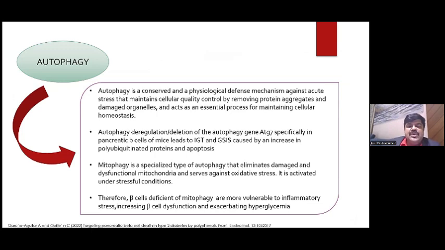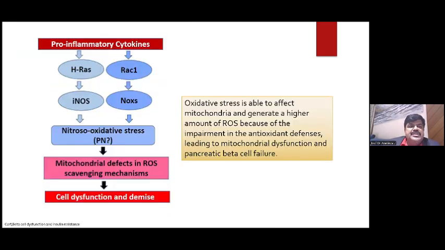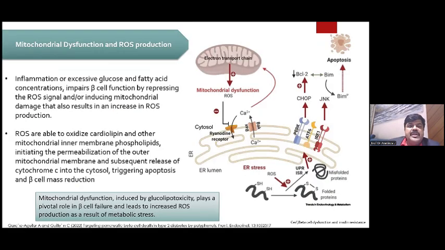Autophagy is a conserved and physiological defense mechanism against acute stress that maintains cellular quality control by removing protein aggregates and damaged organelles, and acts as an essential process for maintaining cellular homeostasis. So the oxidative stress is able to affect mitochondria and generate a higher amount of reactive oxygen species because of the impairment in the antioxidant defenses, leading to mitochondrial dysfunction and pancreatic beta cell failure.